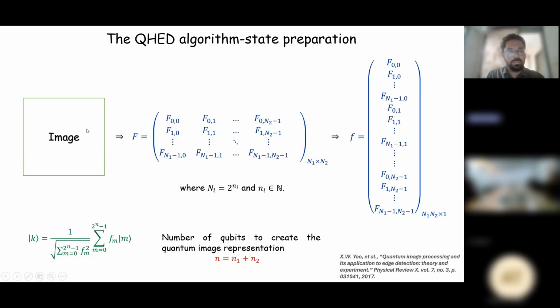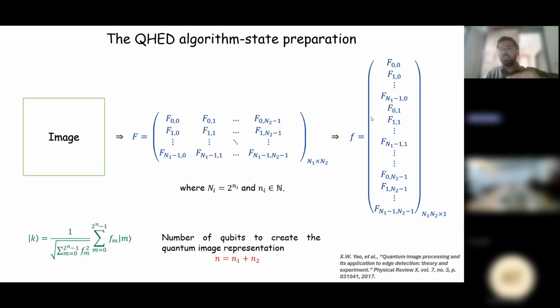As I said, an image is just an array of numbers, written like this. Assuming it's a capital F, let's say we first want to detect just the vertical edges. We don't do anything with the horizontal edges. What we do is stack up each column to form a vector of size n1 n2 by 1. The first column is the upper part, then we have the second column, and so on.